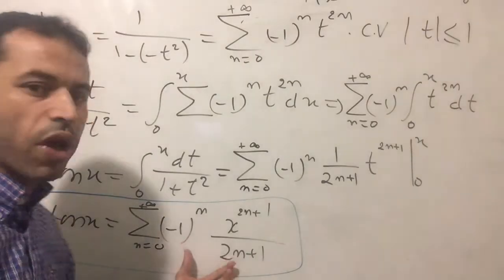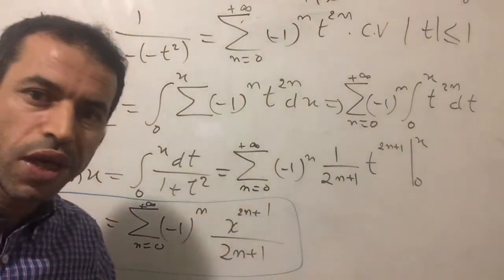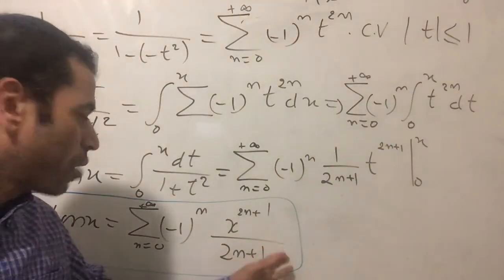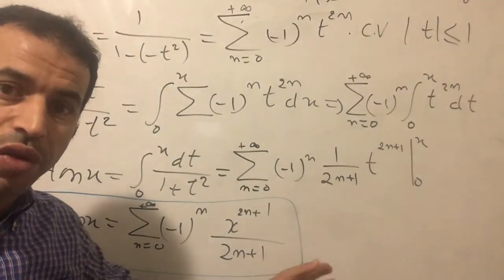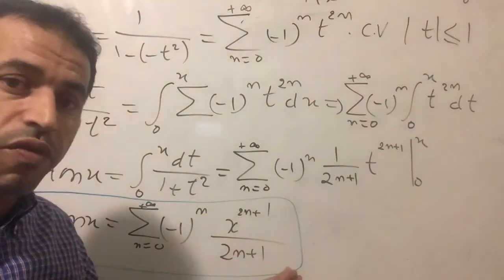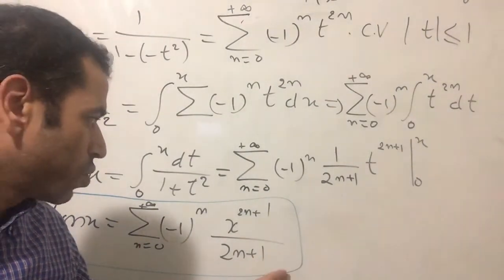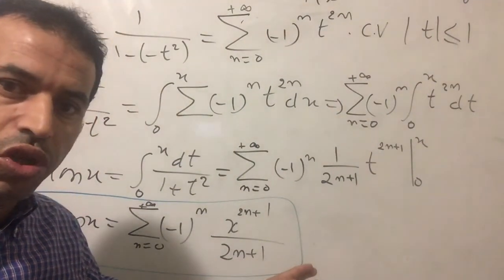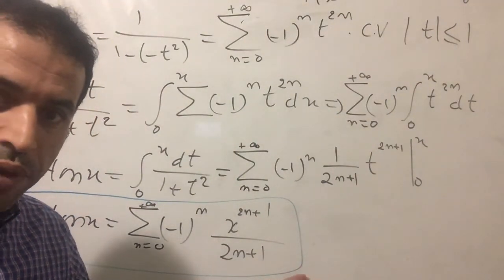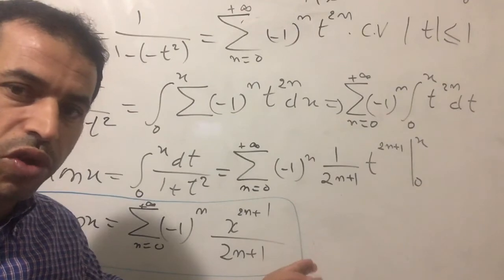In this case, for all x, I'm going to do the case when the absolute value of x is strictly less than 1, and absolute value of x is less than or equal to 1, and x is strictly greater than minus 1, and x is greater than or equal to minus 1.